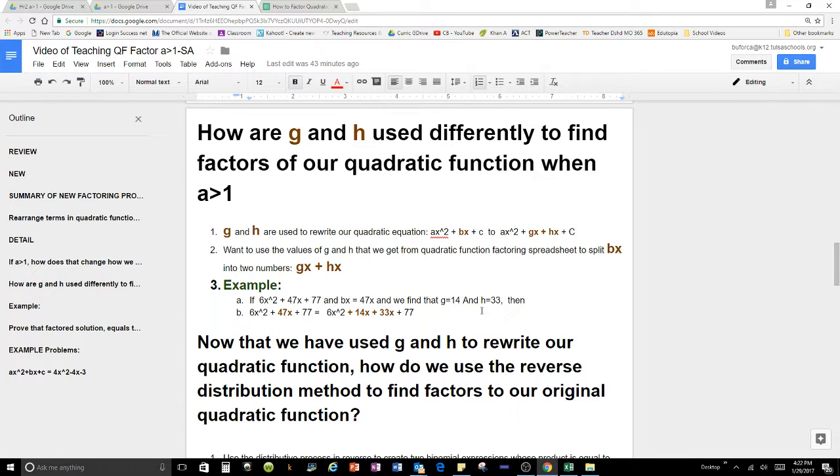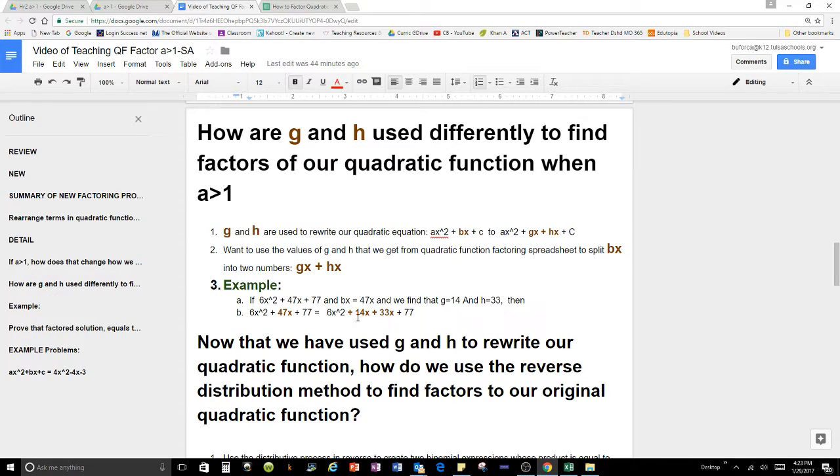Remember, G was 14, H is 33. We simply substitute those in for the 47. Now what you'll notice is if you sum up 14x and 33x, they're equal to 47x. But we need to split the equation up like this so that we can use the reverse distributive process to give us our answer. Okay?